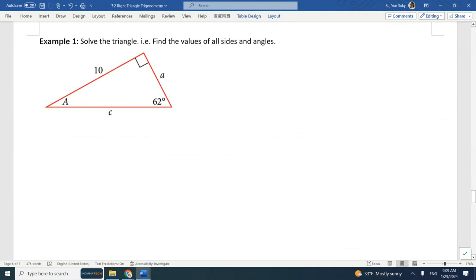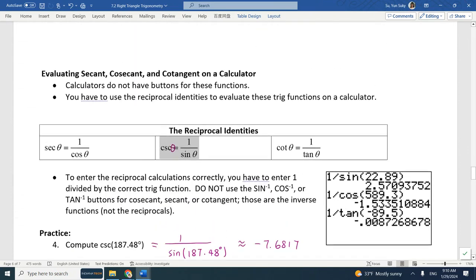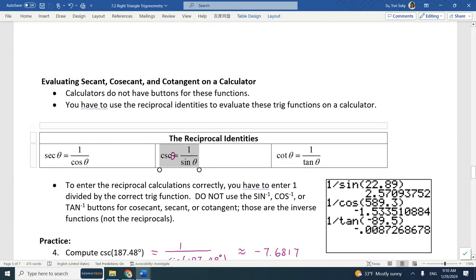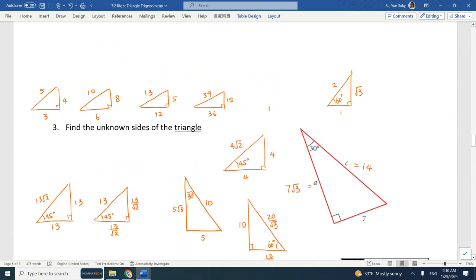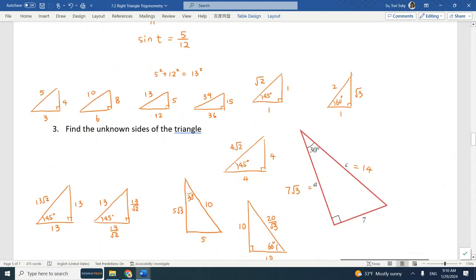Okay, so how do we solve triangles? Last time, we talked about the special triangles. If you have 45 degrees, then the ratio is 1, 1, square root of 2.